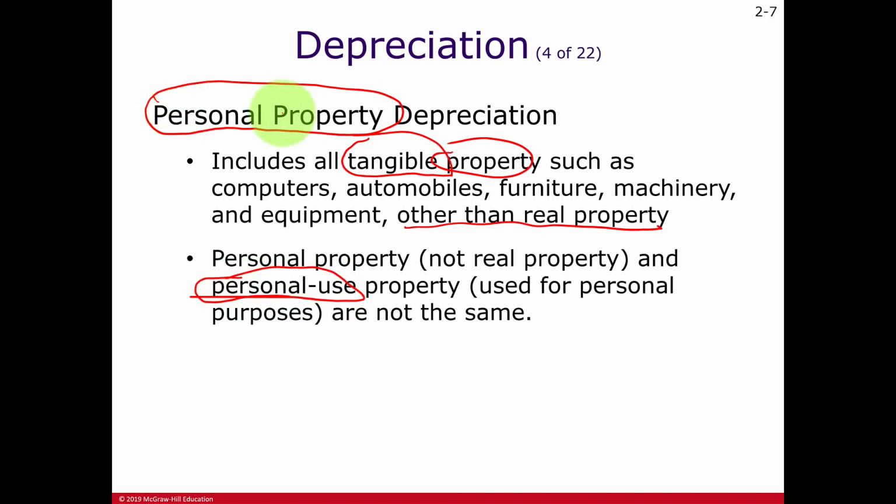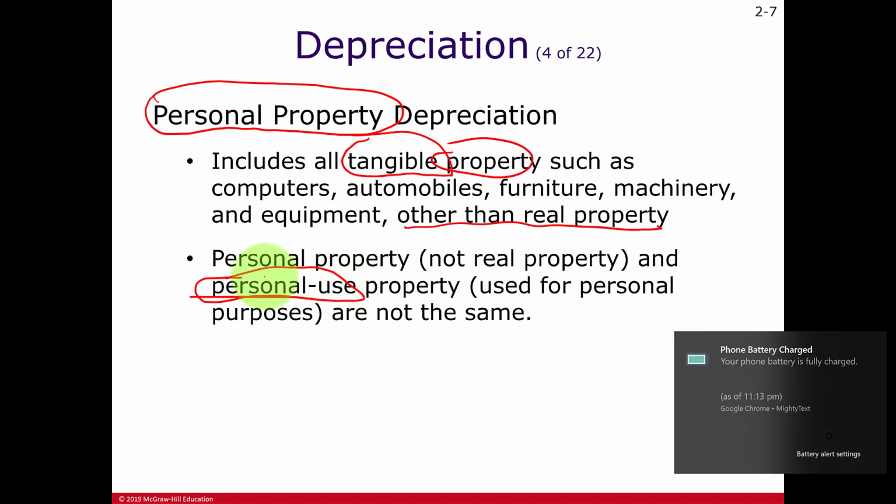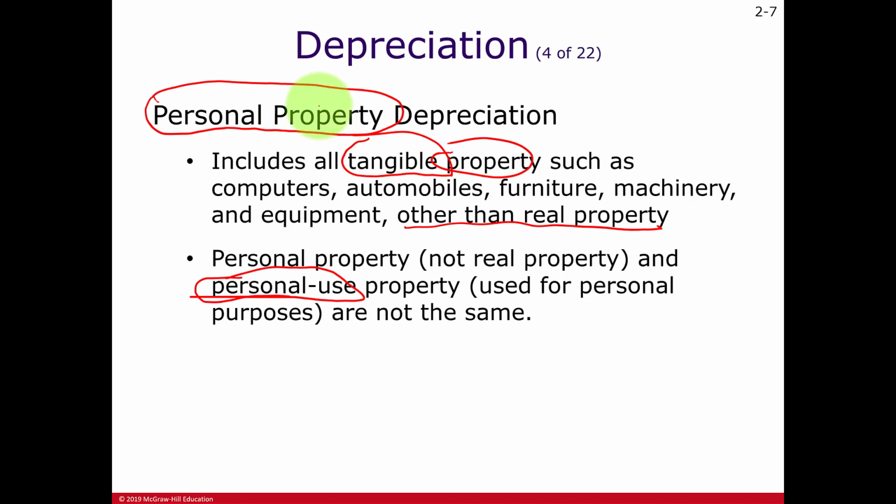This here is business type property that we're going to depreciate. So your personal automobile, the computer you use for school, we don't use that in our depreciation calculation. We're using just business assets to be depreciated, in this case ones we physically can touch, that's not real estate or real property.